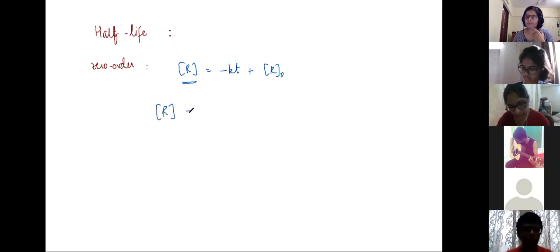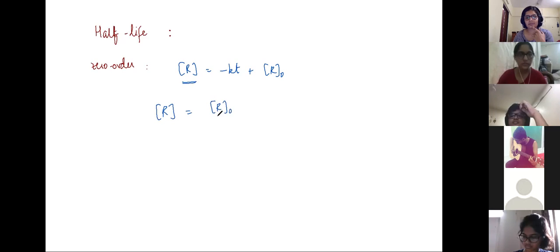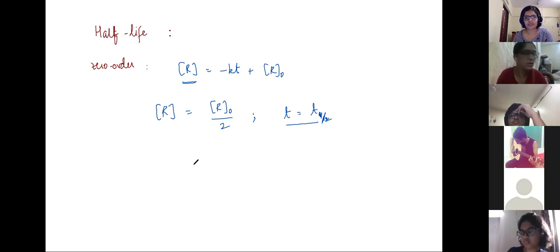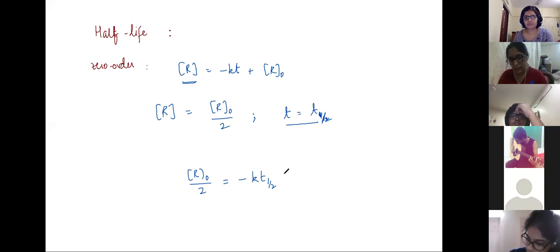Half of R, yes. R naught by 2. Half-life is usually denoted by t half. So at t equal to t half, R should be R naught by 2. Let's plug it into this equation. R naught by 2 will be equal to minus K t half plus R naught.